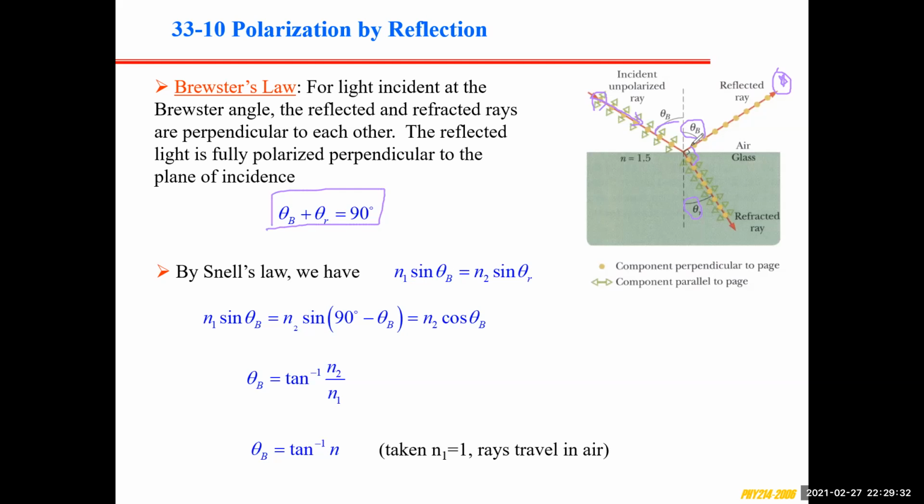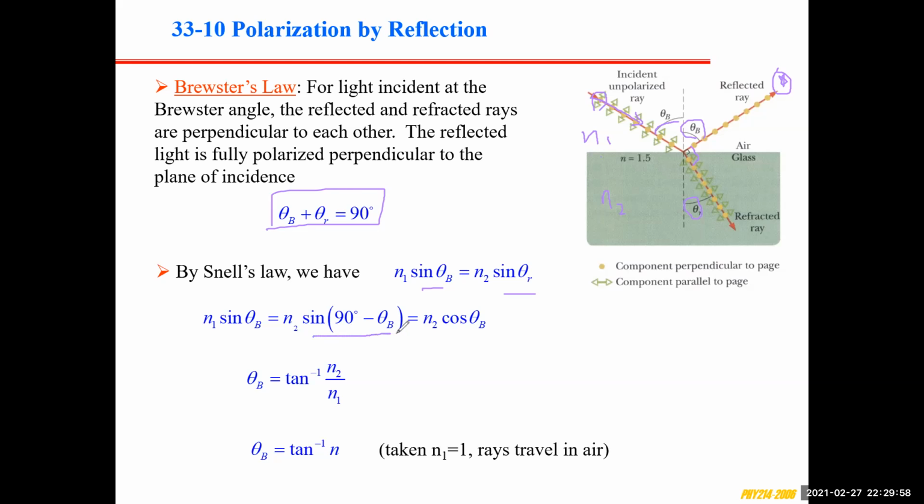And from Snell's law, we know that, this is my n1, and this is my n2, n1 times sine theta b is equal to n2 sine theta r. Snell's law still applies, and we're going to utilize this relationship. So you have n1 sine theta b equal to n2 sine of theta r, which is 90 minus theta b.